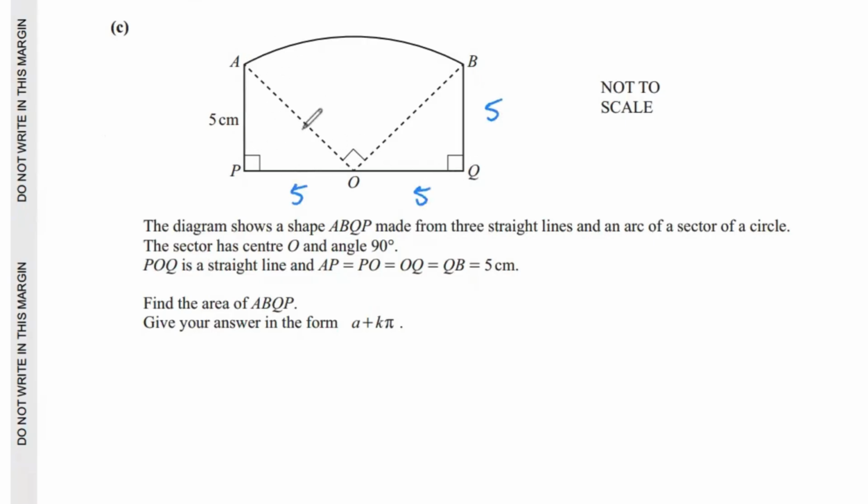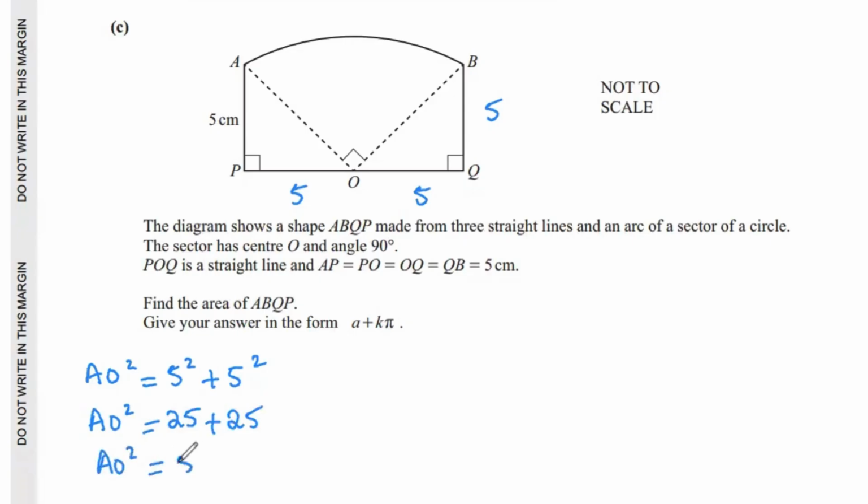Since we have these right angles over here, we can find AO and OB, which are the radius for this sector. So using Pythagoras, I'm going to find AO. AO square equals 5 square plus 5 square, which is 25 plus 25, and that's 50. Square root both sides.